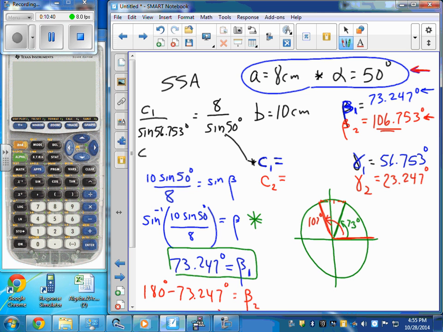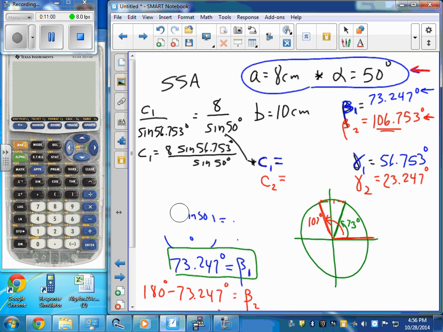Okay, so C1 is 8 times the sine of 56.753 degrees divided by the sine of 50 degrees. And again, I'll clean this up just a little bit to give me some more room to work.